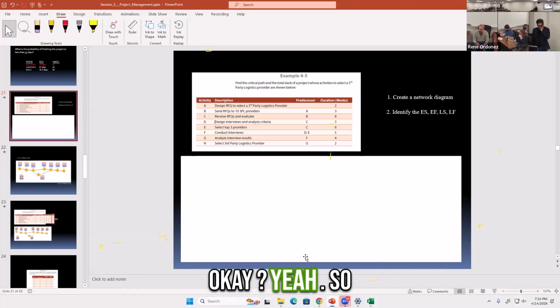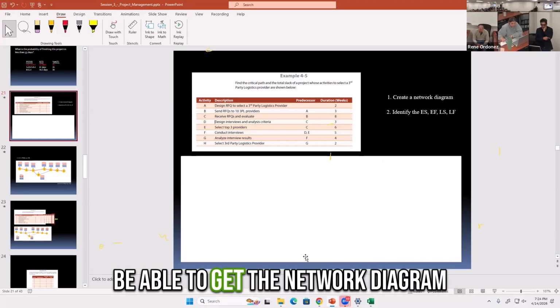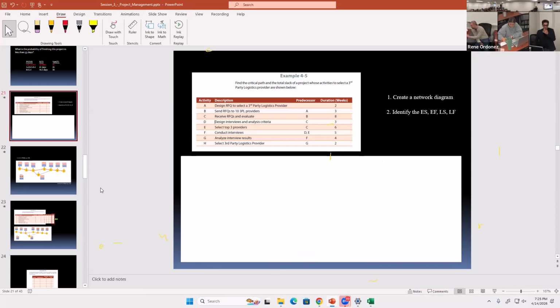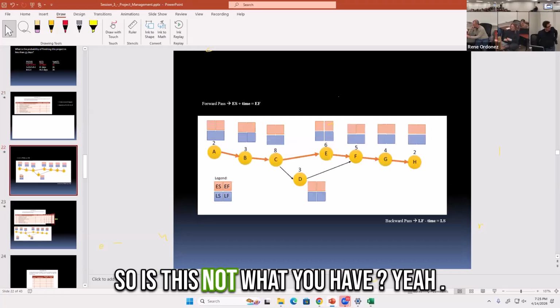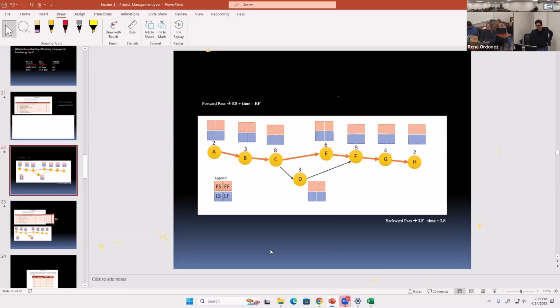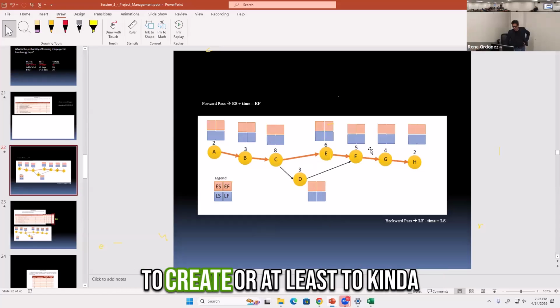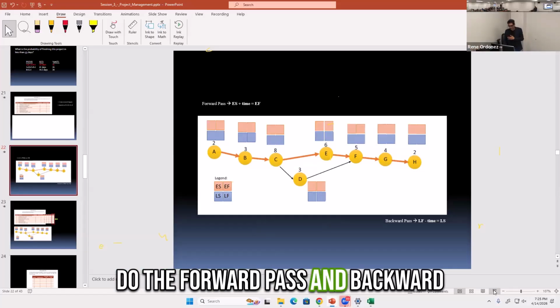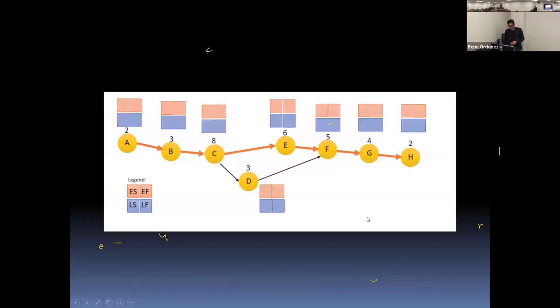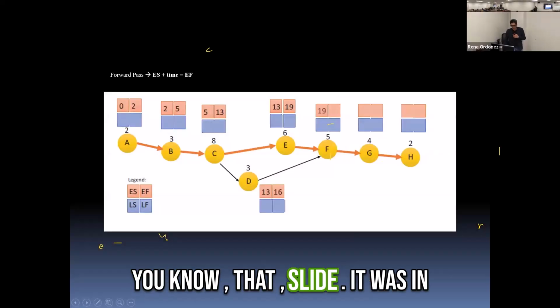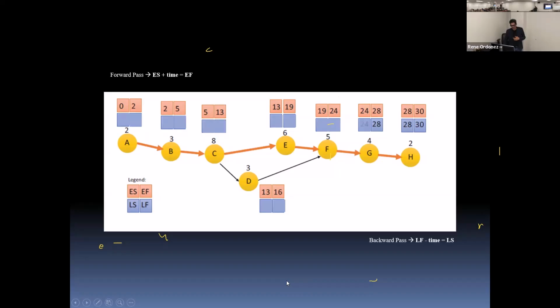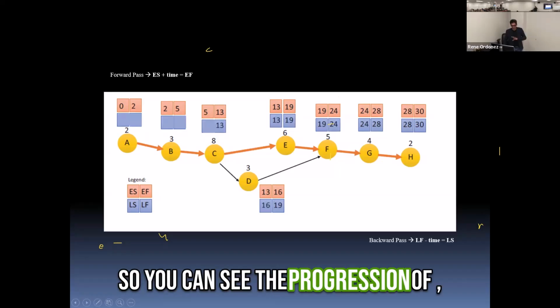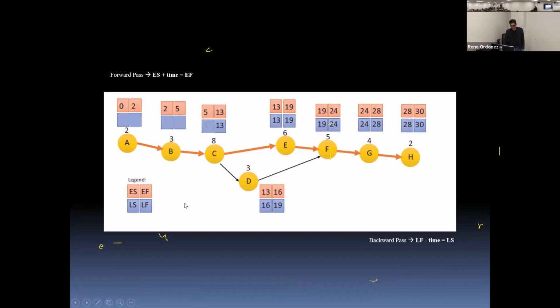Okay. Were you able to get the network diagram? Okay, so is this what you have? Good. And if you want to learn how to do the forward pass and backward pass again, you can just run the slide presentation so you can see the progression of the computation.